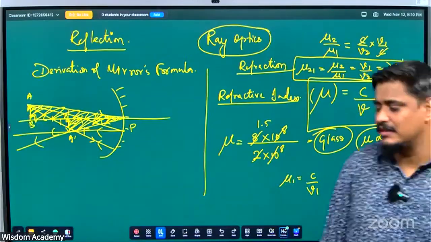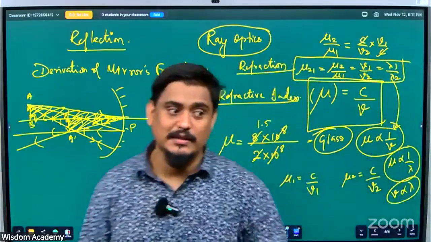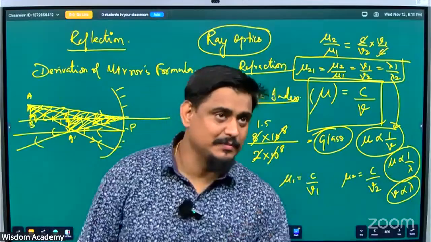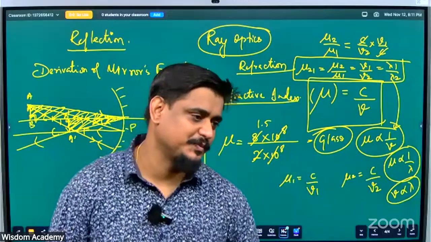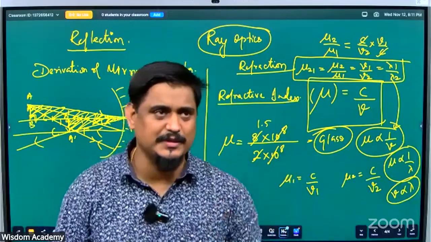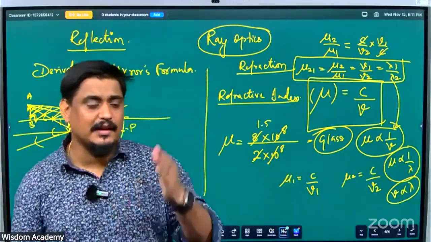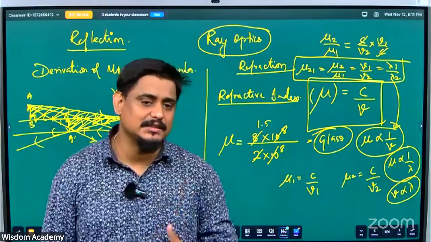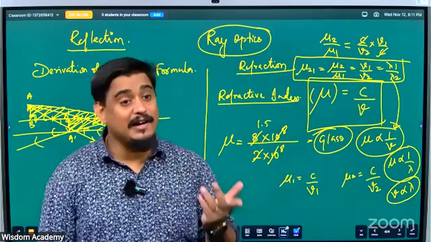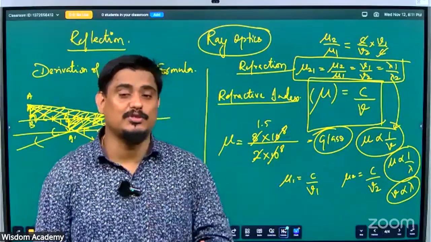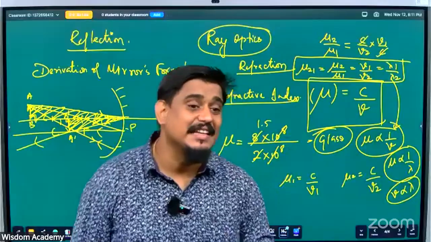That is the reason when light is passing through a prism, different colors will have different deviation. We'll come to that when I talk about the prism. But remember that red light will deviate the least, because red light has the maximum wavelength. Violet light will deviate the most, because violet light has the least wavelength.